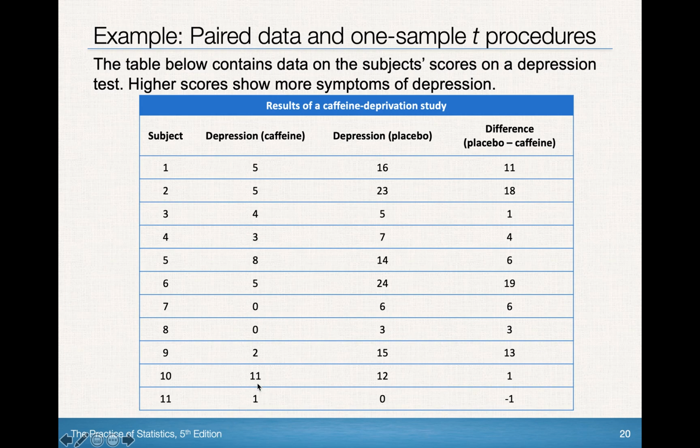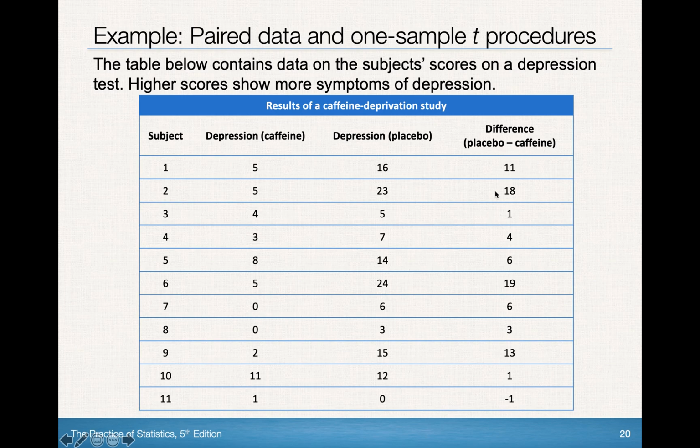You'll see the last list here, last row, is the difference between the placebo and the caffeine. We're not going to write this list down. I'm going to show you how to calculate it on your calculator. Okay, all we need is the 2 list. This list here is looking at the difference, a positive value, because we're doing placebo minus caffeine.